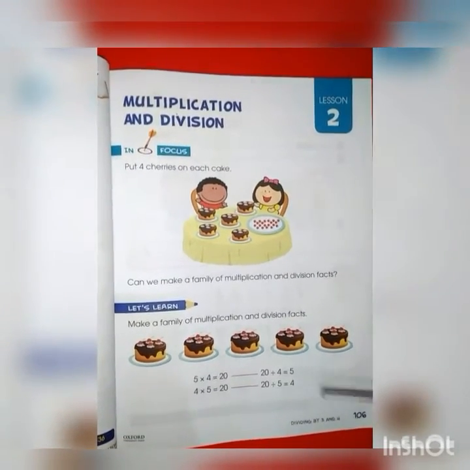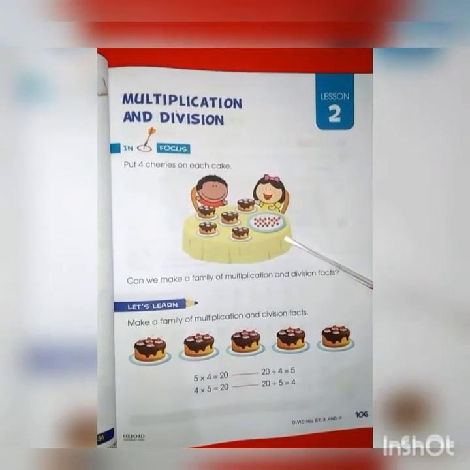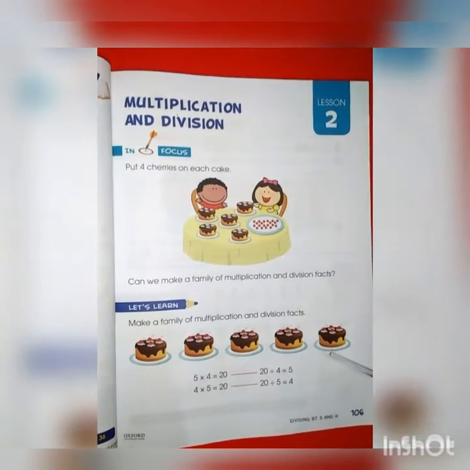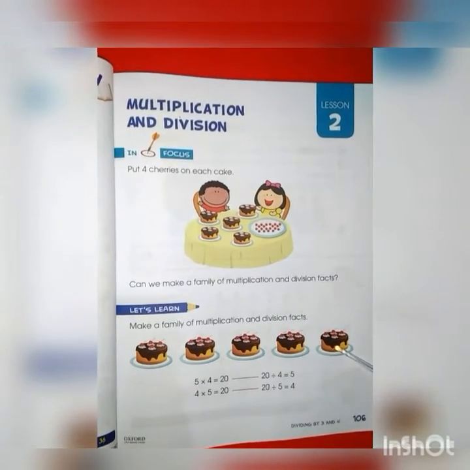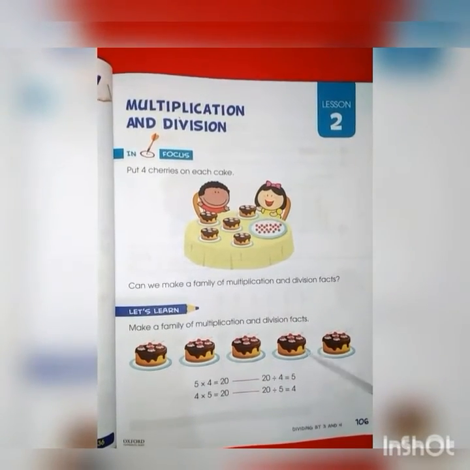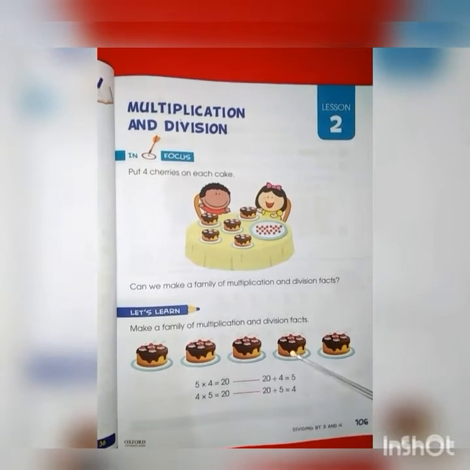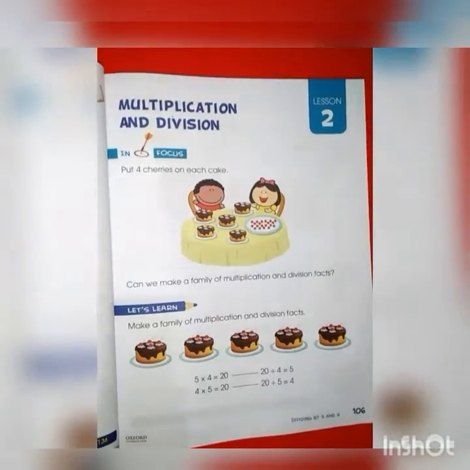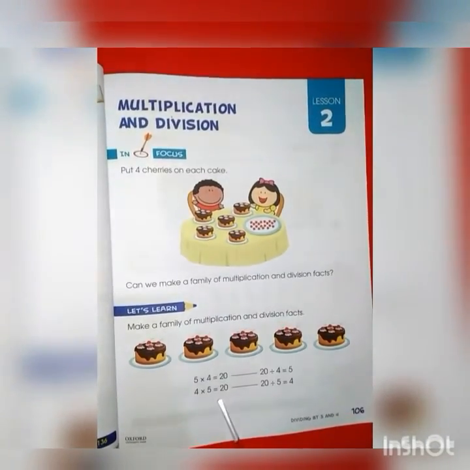And if we divide 20 cherries by 4 groups, then we will get 5 cakes. It means that 5 cakes carry 4 cherries each and in total we have 20 cherries. 4 fives are 20.